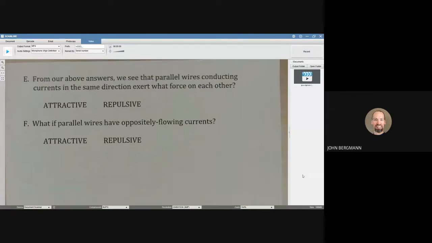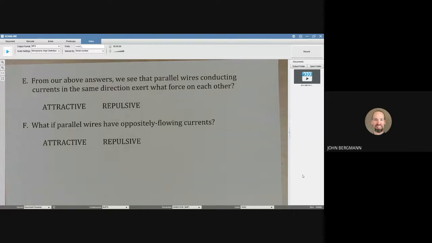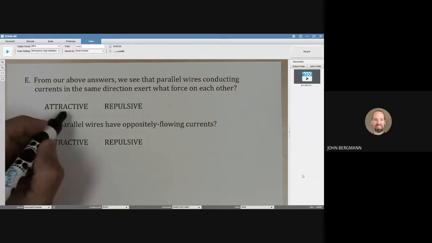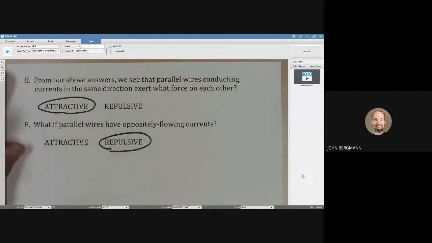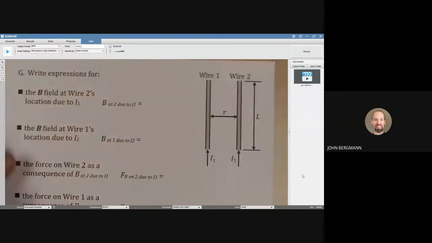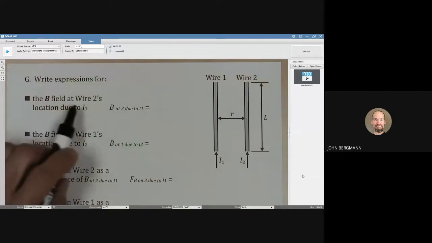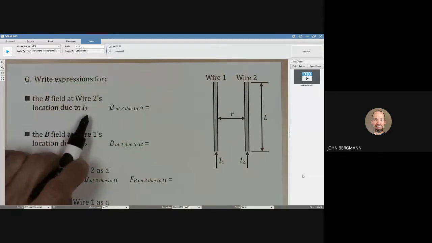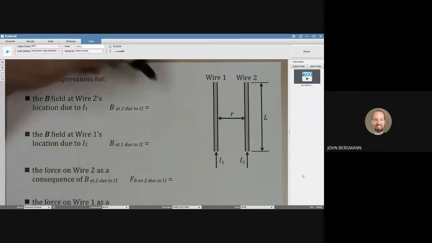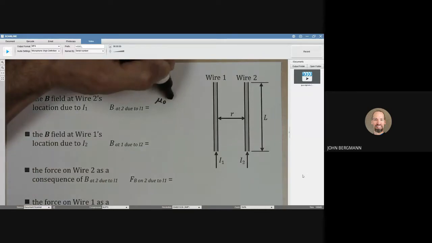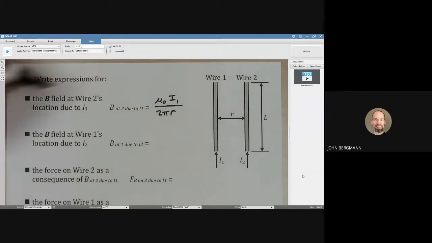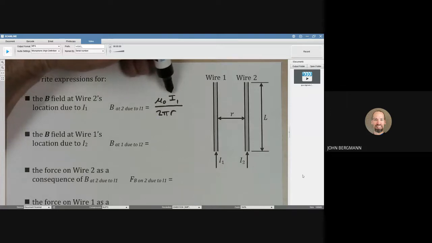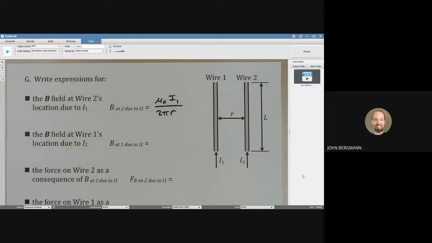From our answers above, we see that parallel wires conducting currents in the same direction exert an attractive force, parallel wires having oppositely flowing currents a repulsive force. Let's write expressions for the magnetic field at wire 2's location due to I1. We have used many times that the magnetic field at a certain distance r away from a current is given by mu naught times the current divided by 2 pi r.